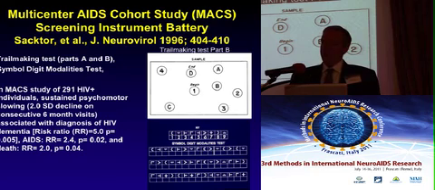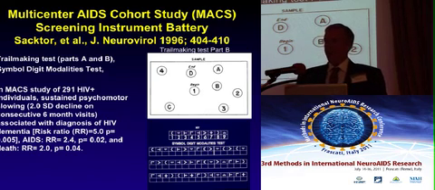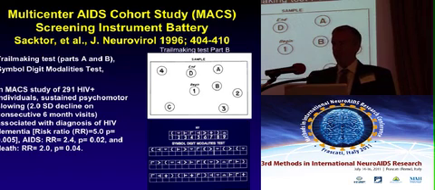And then also looking at the symbol-digit modalities test shown in the lower right, where you have a series of symbols associated with numbers, and you ask the patient to put in the appropriate number for each symbol across the page.